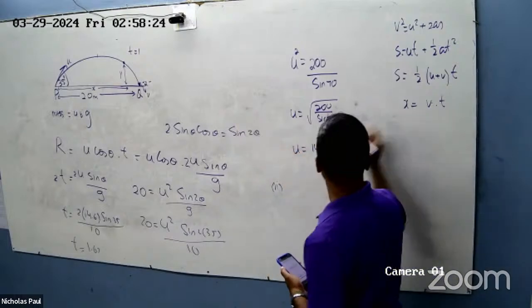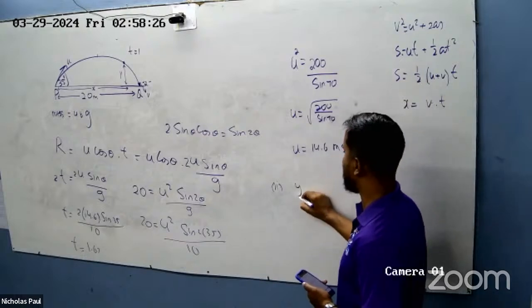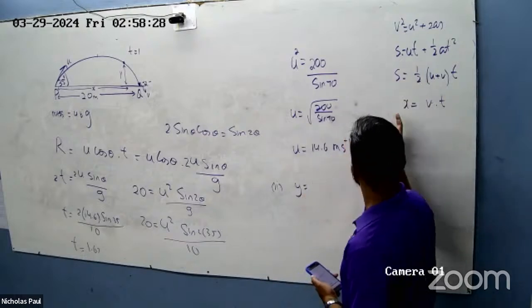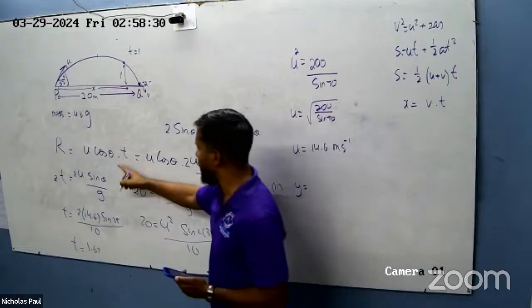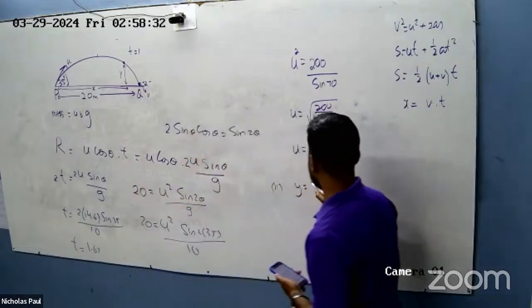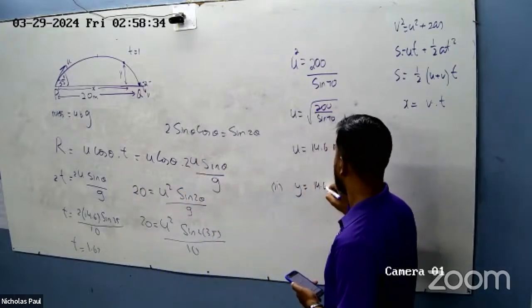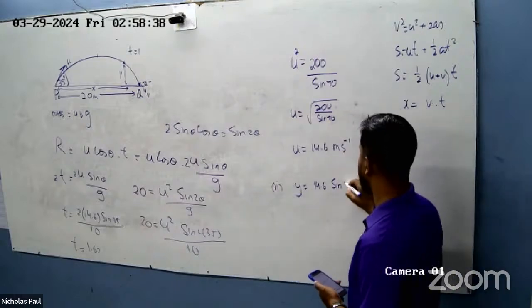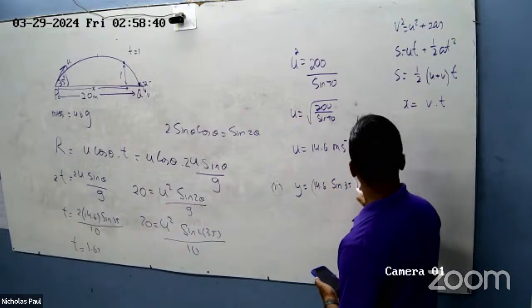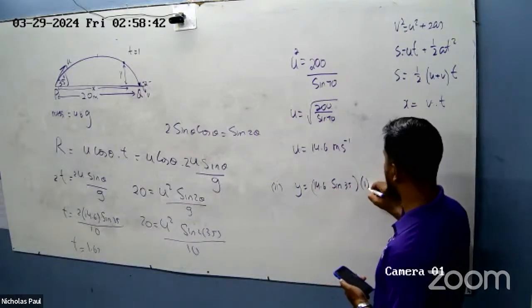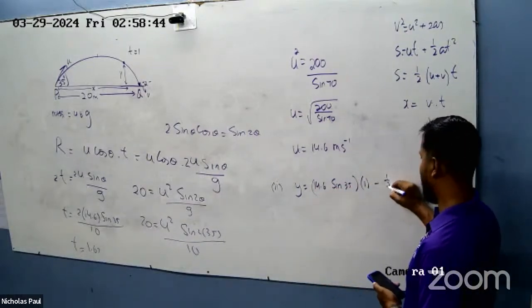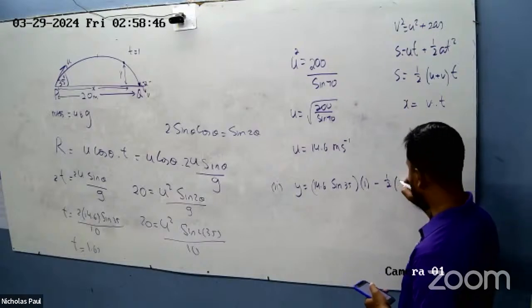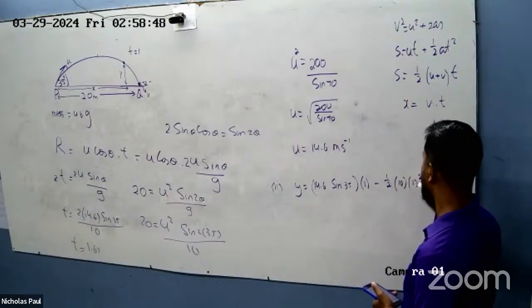So let's try to find y. y is the vertical displacement. u is the initial vertical component, which was u sine theta, 35, multiplied by t is 1, minus a half, I think g is 10, by 1 squared.